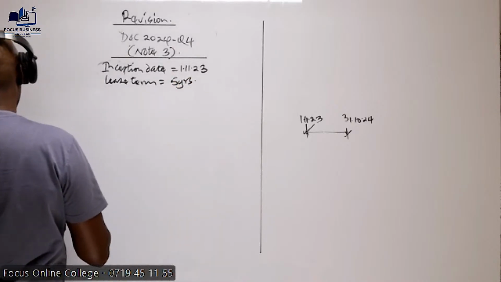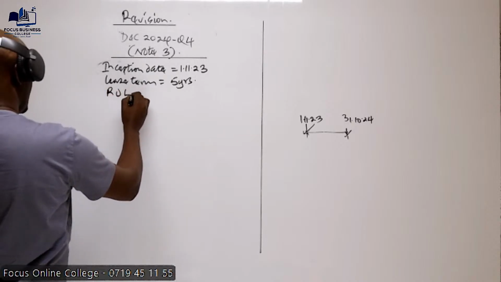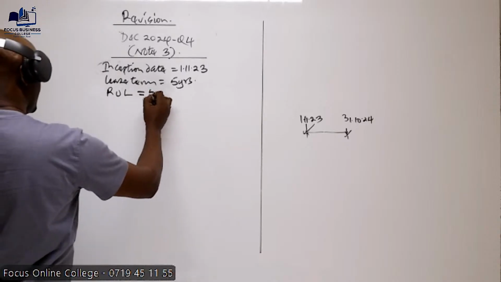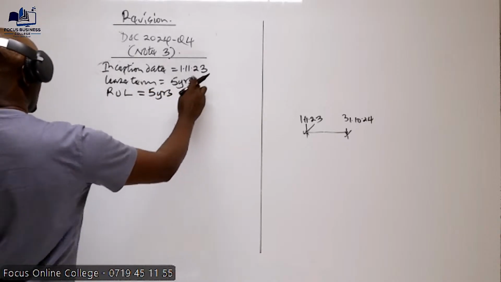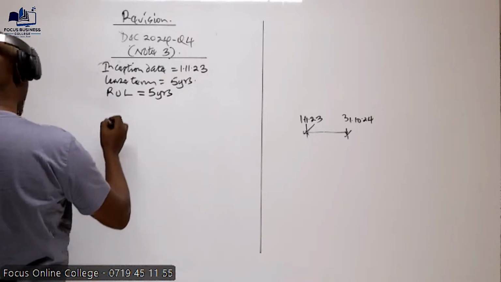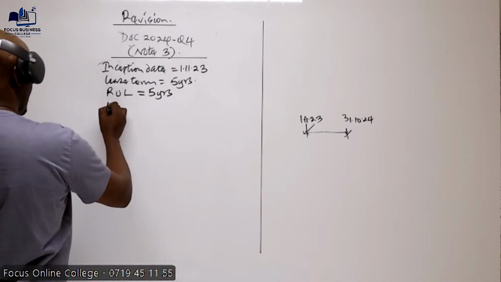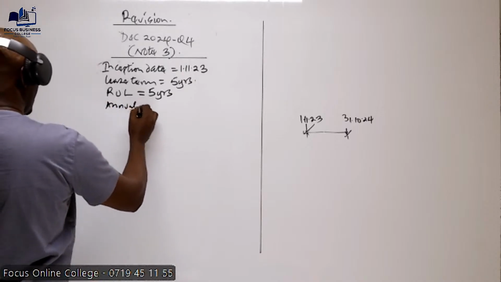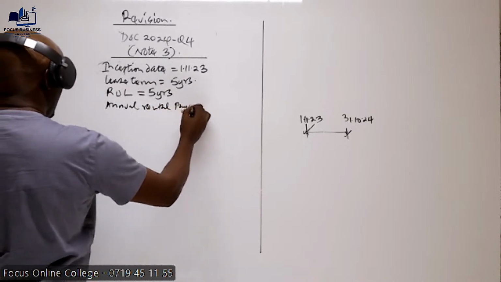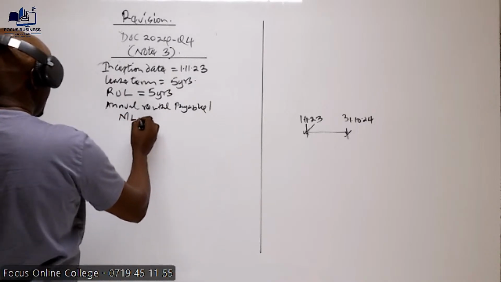And then we are also given the remaining useful life, which is also known as the remaining economic life of the asset, which we are told is 5 years. So the lease term and the remaining economic useful life are the same 5 years. And then you are given the annual rentals which are payable. Remember, we also refer to this as the minimum lease rentals.